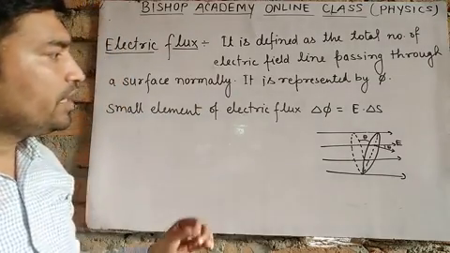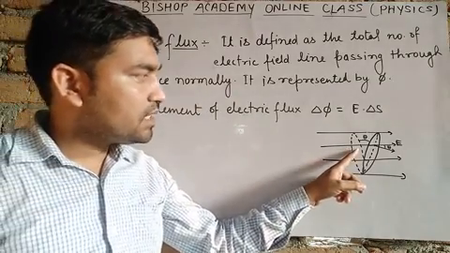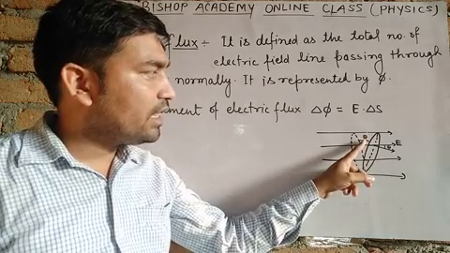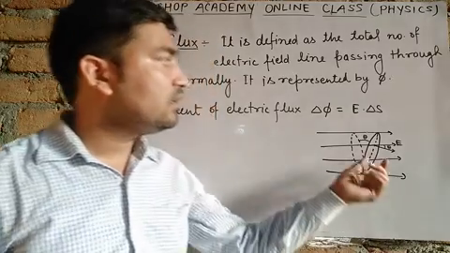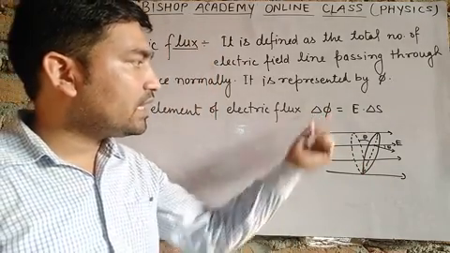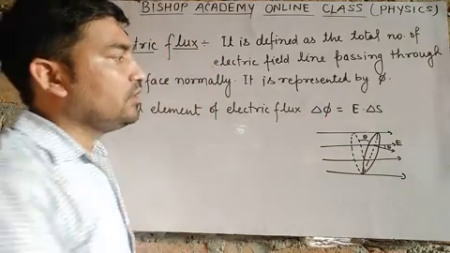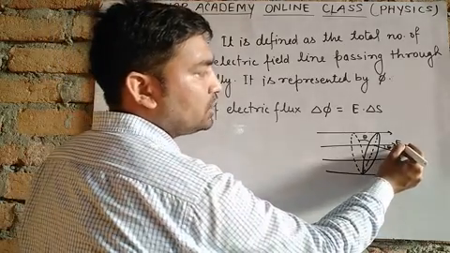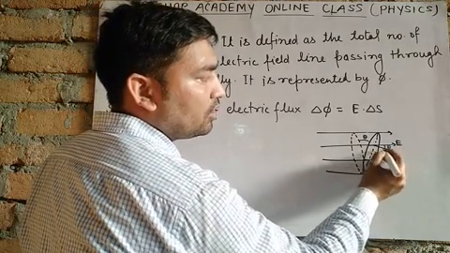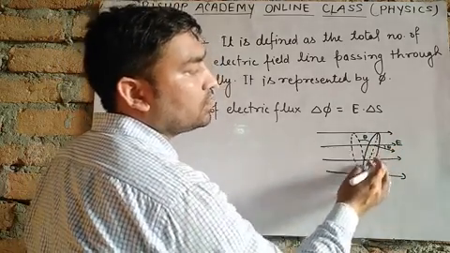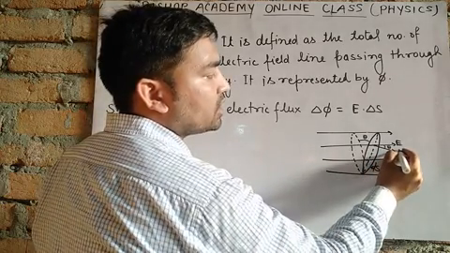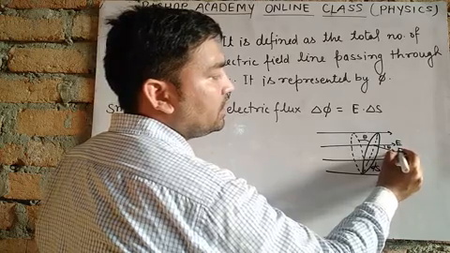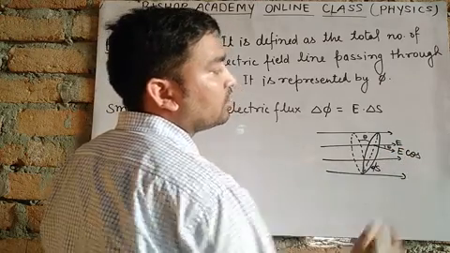But when the surface area is inclined by angle theta to the normal of the electric field, then the electric field will change, and first of all we have to resolve the electric field along the perpendicular to the surface area dS, and its component is E cos theta.